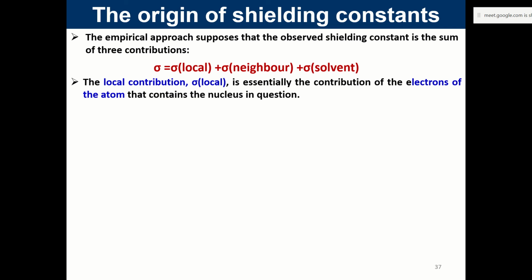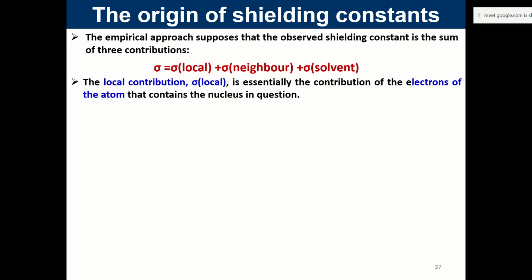And then the overall shielding: the electrons will contribute to the shielding effect, and the shielding will be due to three things: the local, the neighbor, the solvent. Local means immediately around that nucleus you have electrons of that atom being considered.